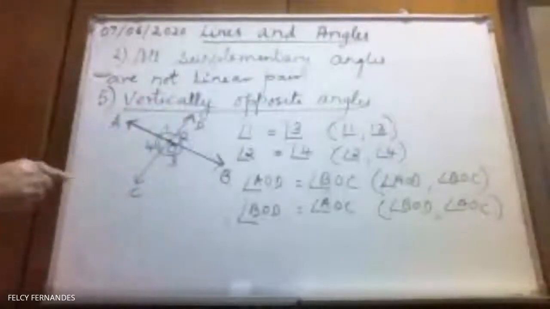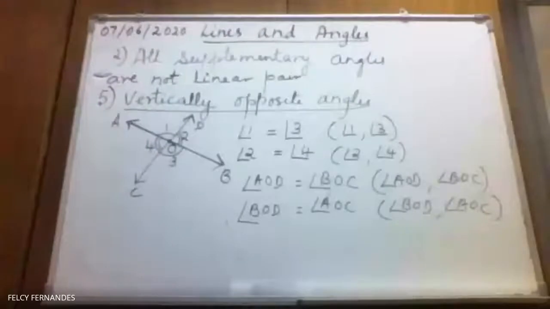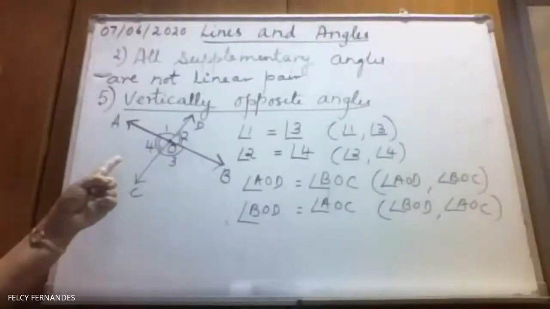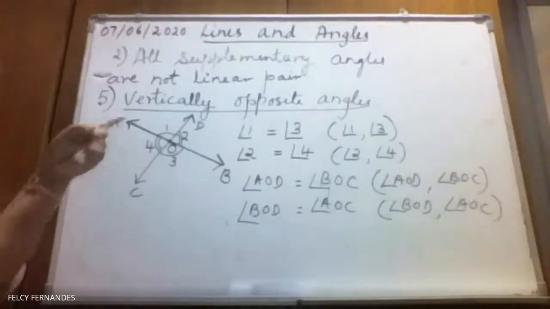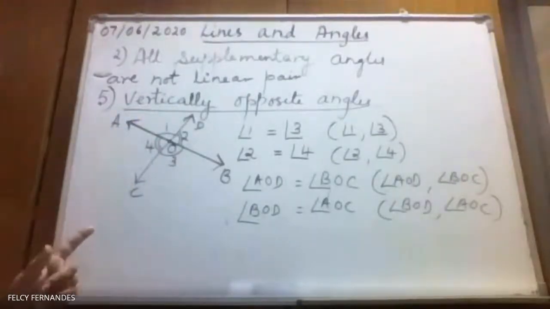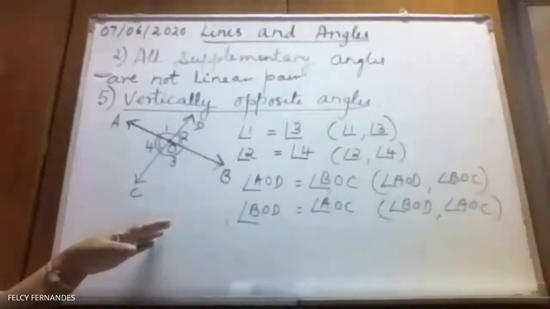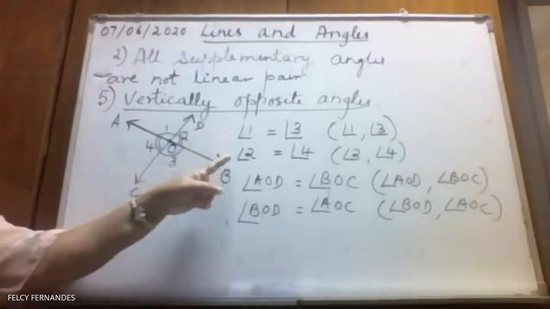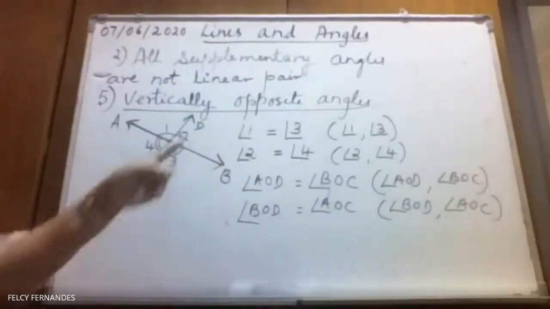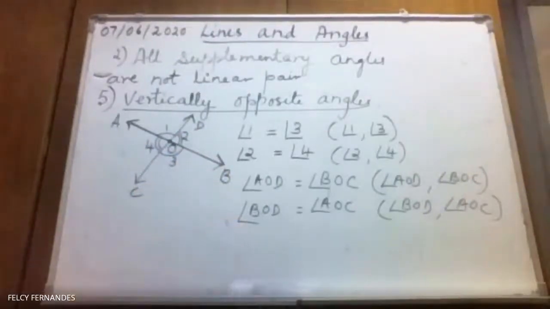When two lines intersect, at the point of intersection, four angles are formed and the opposite angles are always equal. They are called vertically opposite angles. Then note down which are those angles which are equal. I have written in terms of numbers as well as in terms of the letters.